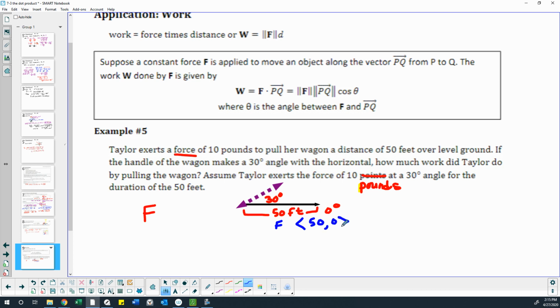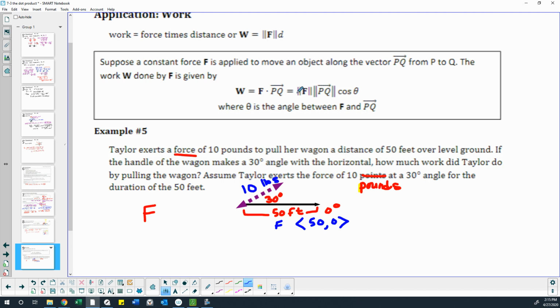So there's vector force F. Then this one is the other vector, and it's being pulled with a force of 10 pounds. Well, yeah, duh, that is the force. This one is actually, yeah, that's the distance. This is the force. This makes more sense. So this is a force of 10 pounds, but it's being pulled at an angle.